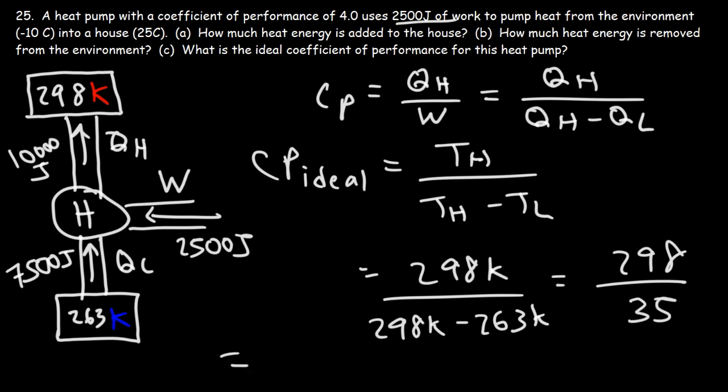And 298 divided by 35, that's going to be 8.5. So this is the maximum coefficient of performance that can be obtained for this particular heat pump based on the operating temperatures. And if we compare it to the actual value of 4.0, this value is not that bad relative to its maximum.